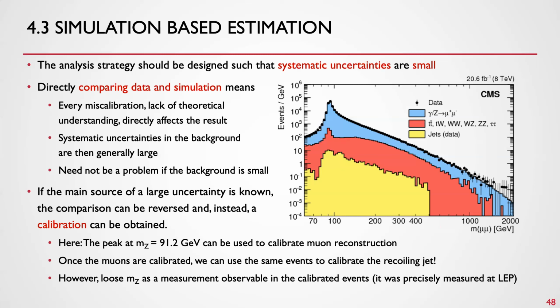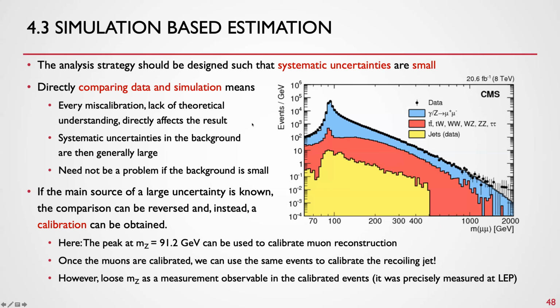That means if there is a jet on the other side of the Z boson, we know that the momentum of the Z boson and the momentum of the jet must agree. Because we've just measured the momentum of the Z boson with high precision, because we calibrated it on the Z peak, we can now also use that information to calibrate the recoiling jet.